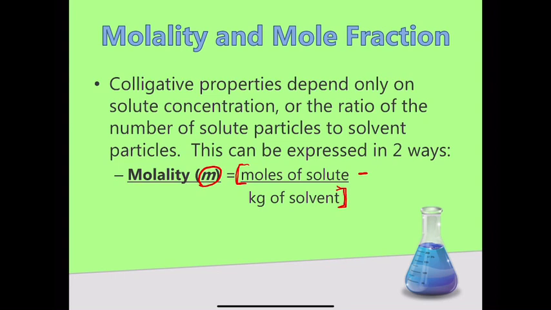I don't have a periodic table in front of me, but add the molar mass of sodium plus the molar mass of chlorine, and see how many grams it is. I want to think it's 58 maybe. Grams in 1 kilogram of water, okay? Moles of solute per kilogram of solvent, all right? So that is how you calculate molality.